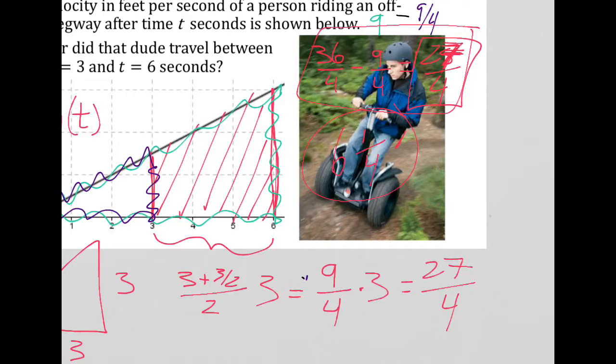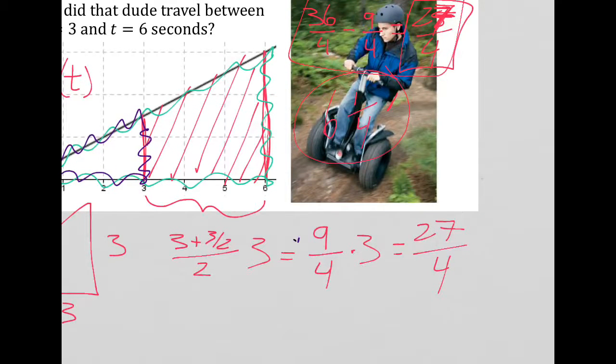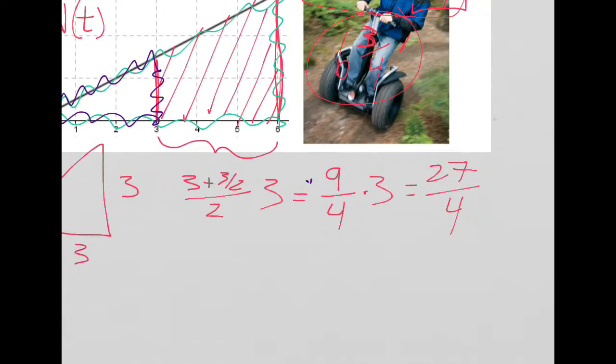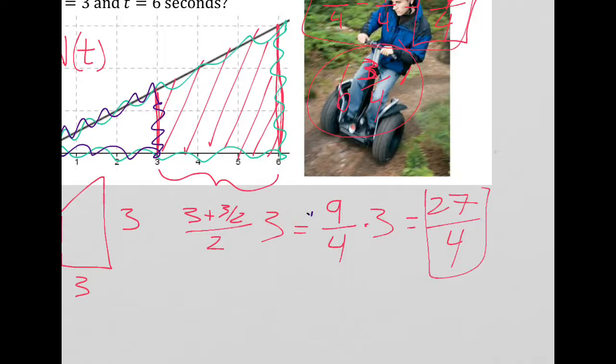I did some bad mental math. And so we don't end up with 6 and 1/4, we end up with 6 and 3/4, so 6.75 feet. Same number we're getting if we treat that area as a trapezoid. So two different approaches to finding that same area right there.